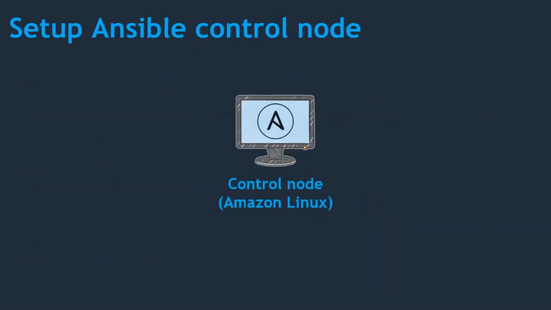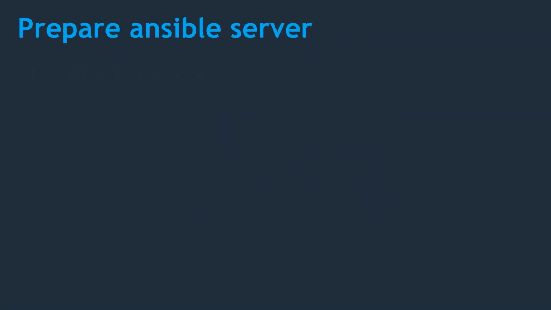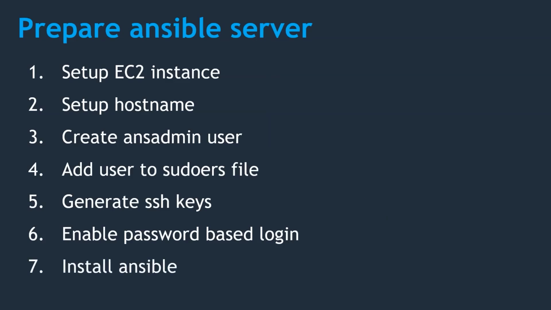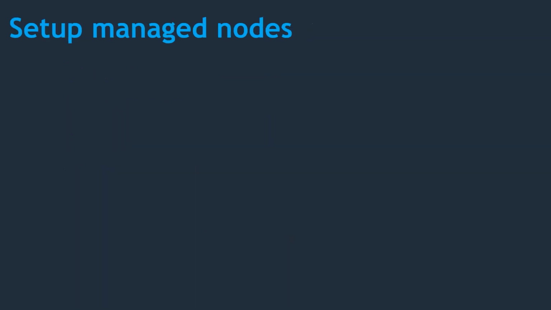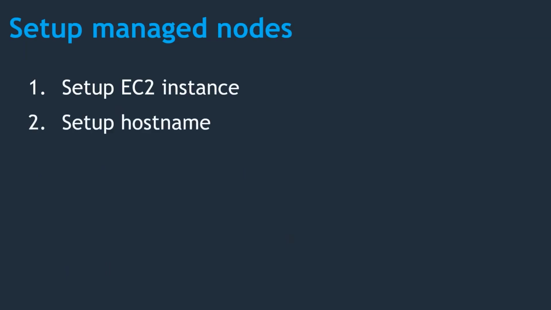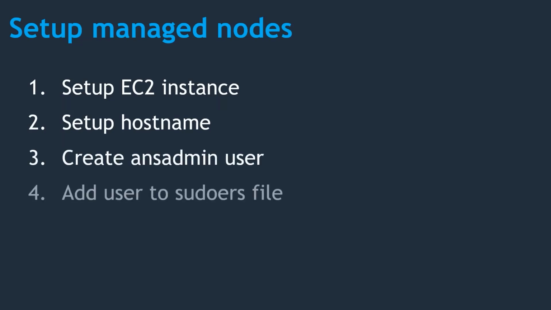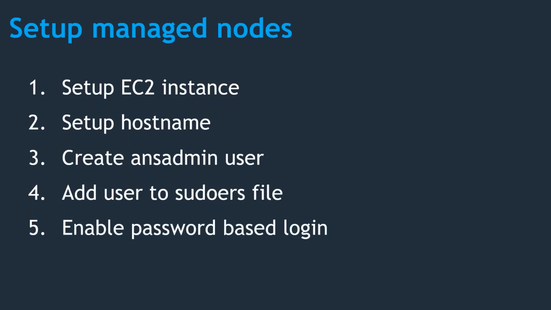So far we have configured our control node. Next we are going to set up our managed node. To set up our managed node, we need an EC2 instance, set up the host name, create the ansadmin user, and add the user to the sudoers file. In addition to this, we should enable password based authentication.